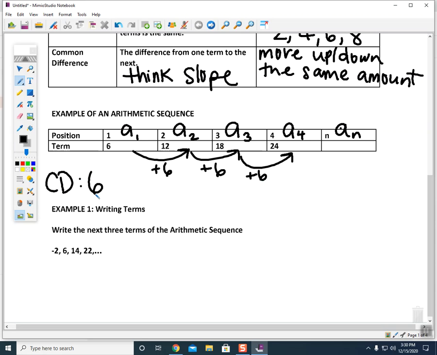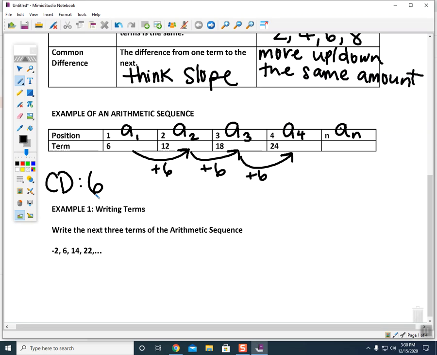So then the important part of this, what I really want to pay attention to is, well, how do I get from my position to the number? How do I know what number is in which position? Well, if you look at this, I go from 1 to 6, I multiply that by 6. In my second position, from 2 to 12, I multiply by 6. 3 to 18, multiply by 6. So I'm taking the position that my number is in, where is it in my sequence, and then I multiply that by 6.